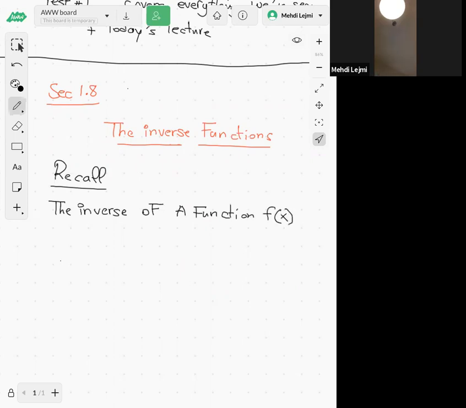The inverse of a function is a function. Let's call this function g of x. So this function g of x, the inverse of f, satisfies the following.